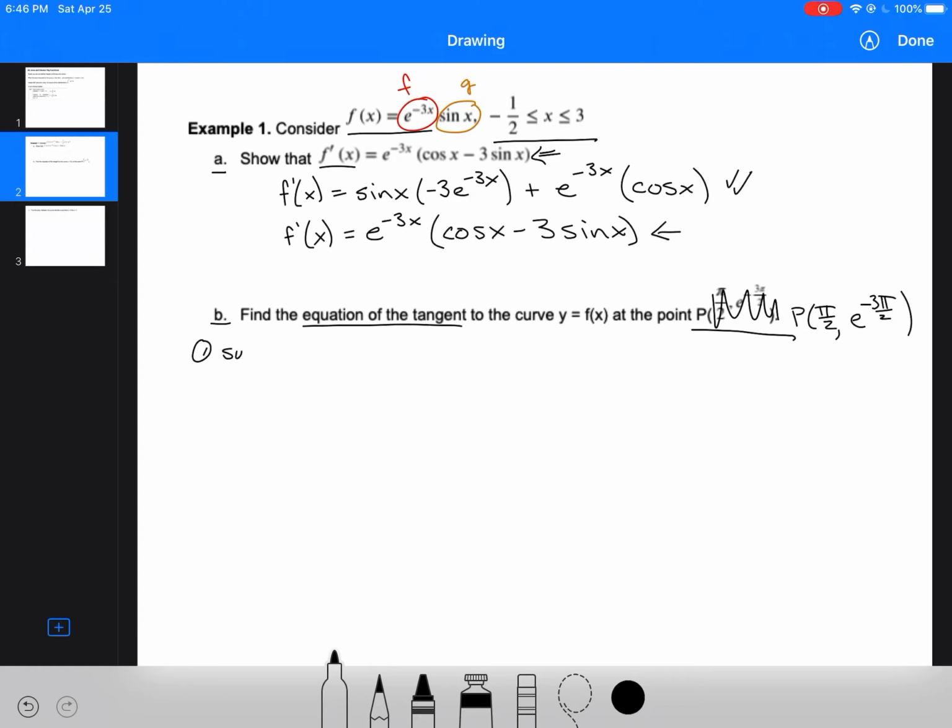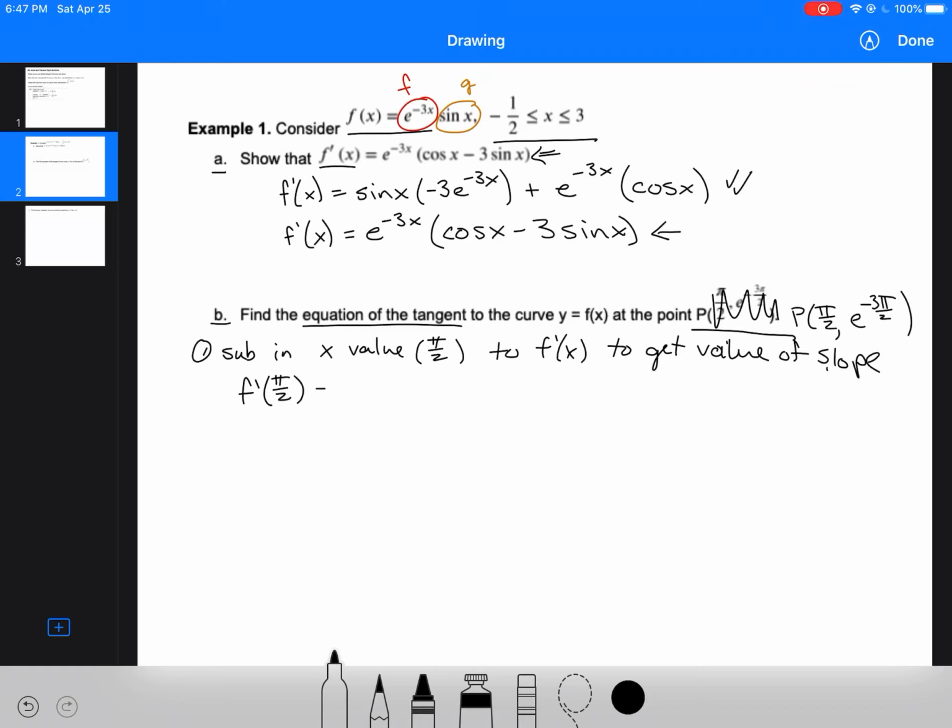The first thing that we're going to do is sub in our x value, pi over 2, into f prime of x to get the value of our slope. And then from there we can do our equation.